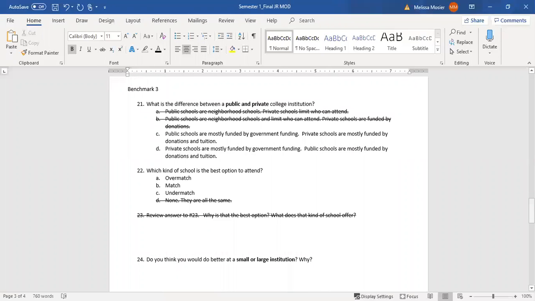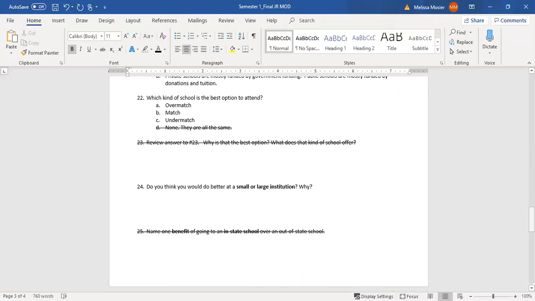Benchmark 3. What is the difference between a public and private college institution? C, public schools are mostly funded by government funding, private schools are mostly funded by donations and tuition. Or D, private schools are mostly funded by government funding, and public schools are mostly funded by donations and tuition. 22, which kind of school is the best option to attend?